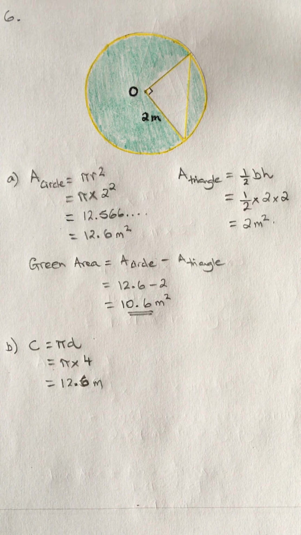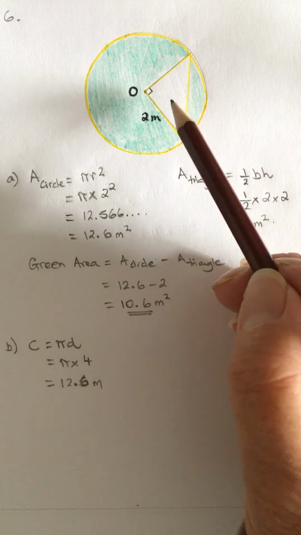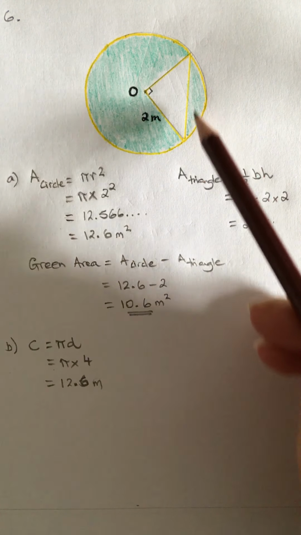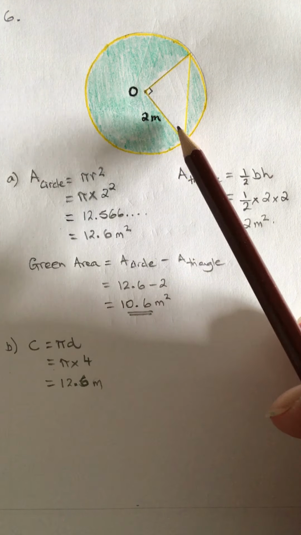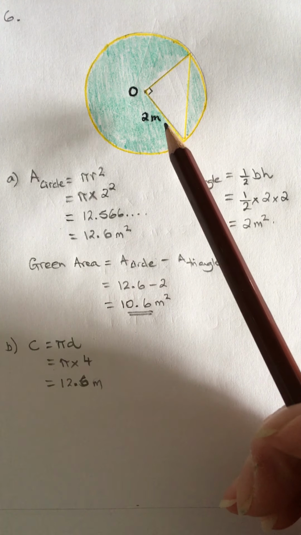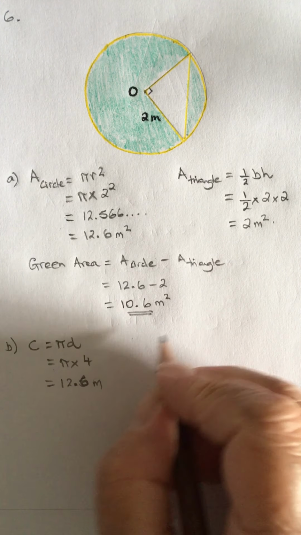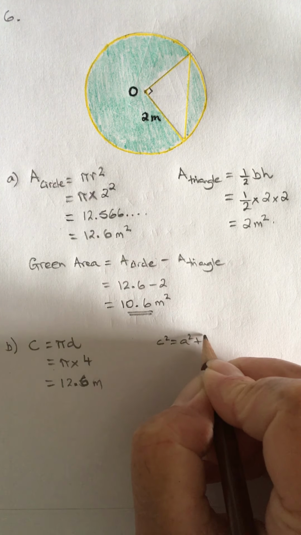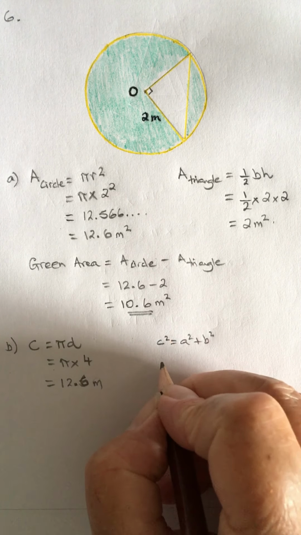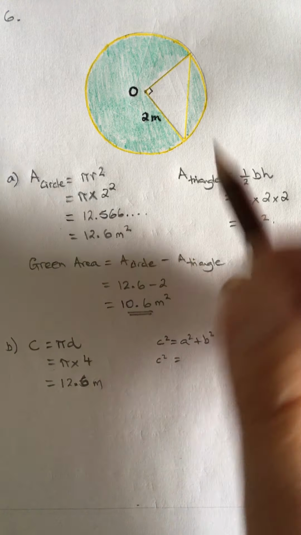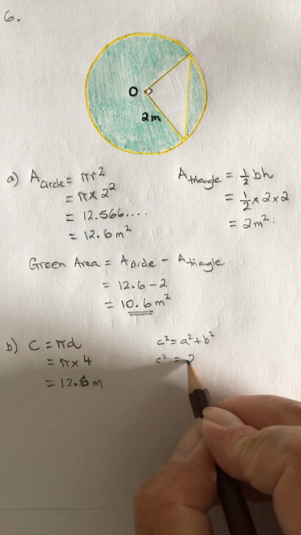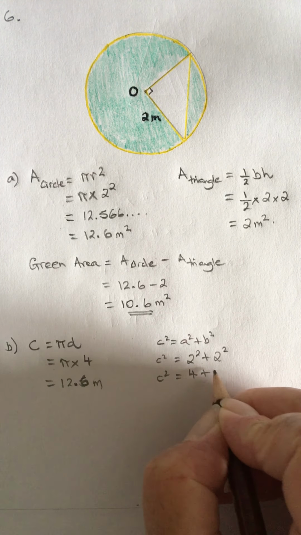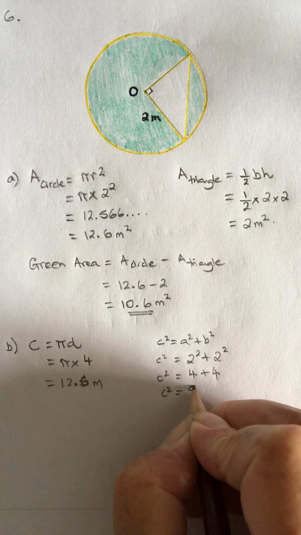Right, and then we need to work out the perimeter of the triangle. We have that side is 2, we know that side is 2, but we also need to work out this side here. Because we've got a right angled triangle, we can use Pythagoras for that. c squared equals a squared plus b squared. So c squared equals 2 squared plus 2 squared, which is 4 plus 4, which is 8.